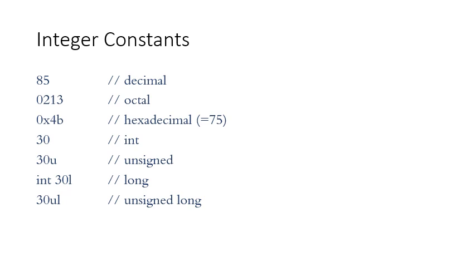If you remember from our discussion, long is an example of a modifier that alters the size of a specific variable. Since we have specified that it is long, we are increasing the capacity. We can also add UL for unsigned long. So these are all valid integer constants.